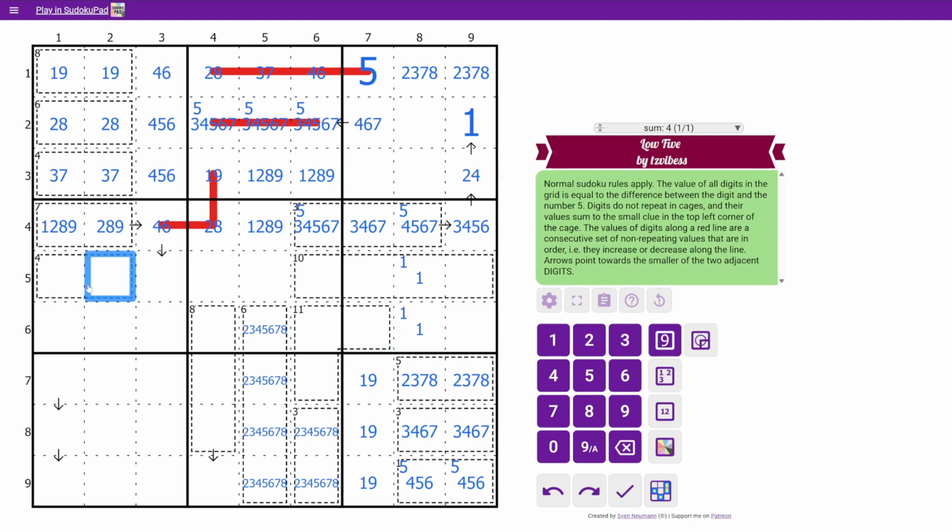Oh, does this have a difference of 4? It still could. This only gets 1 difference of 4. Oh, wait.